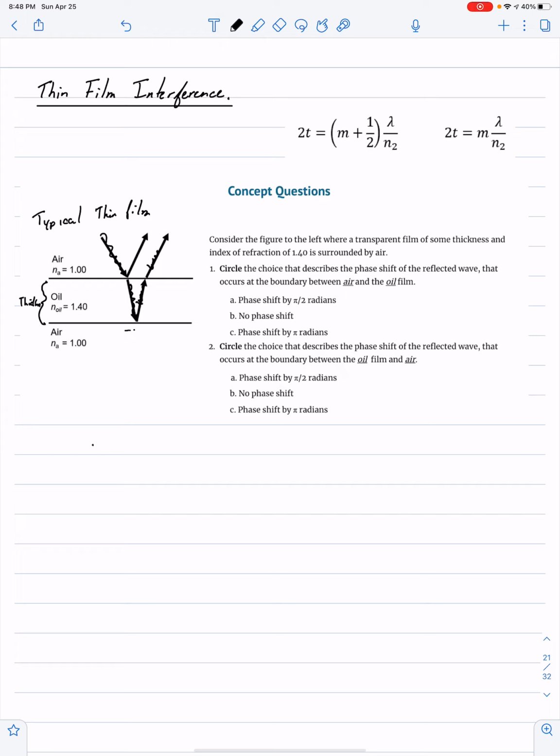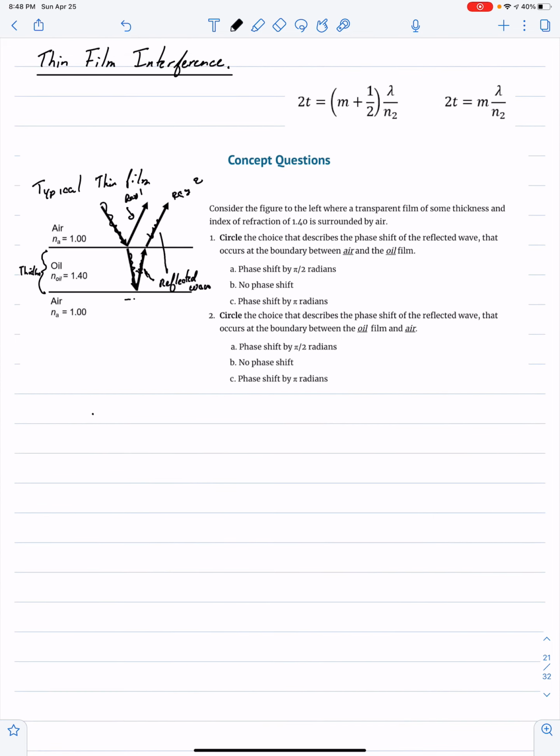So now we have two reflected waves, which become ray 1 and ray 2.